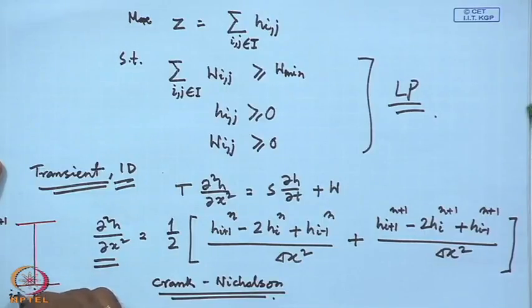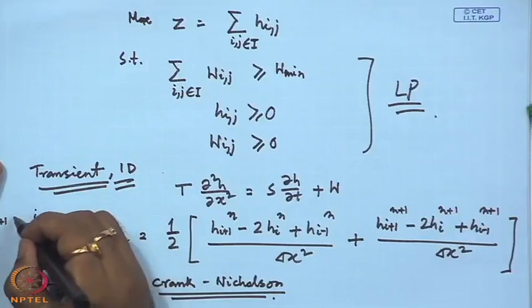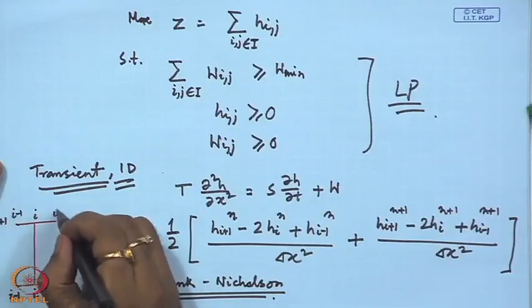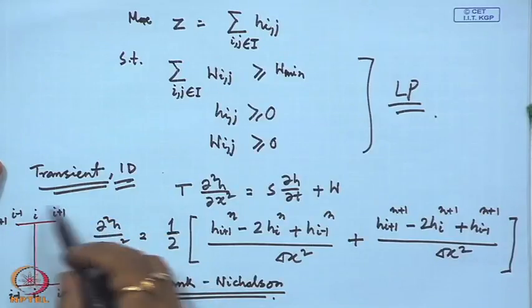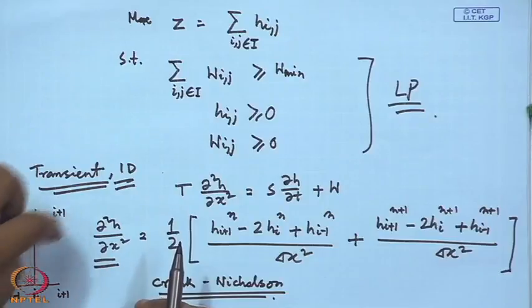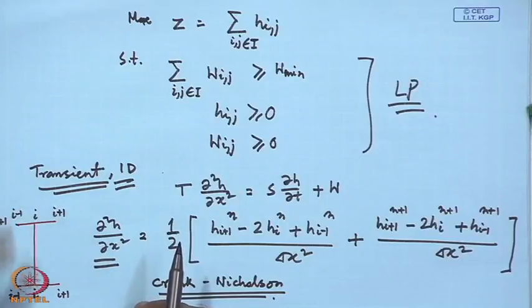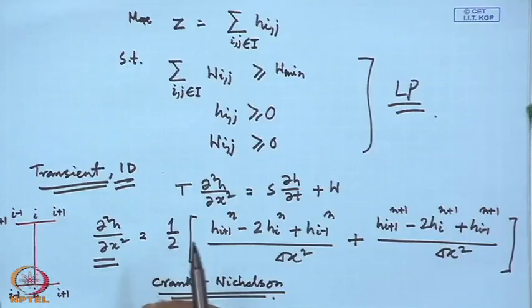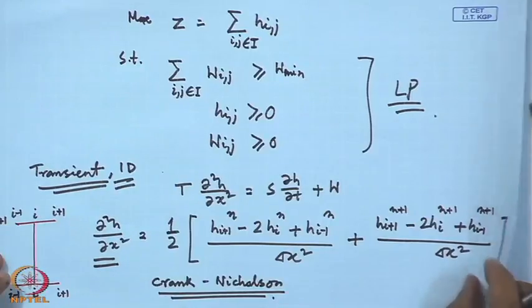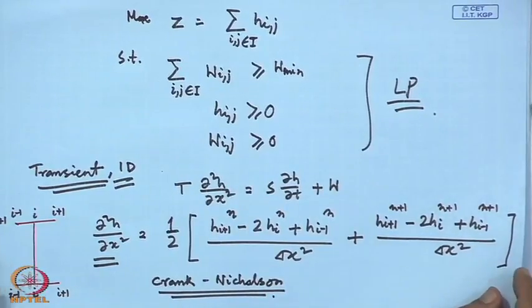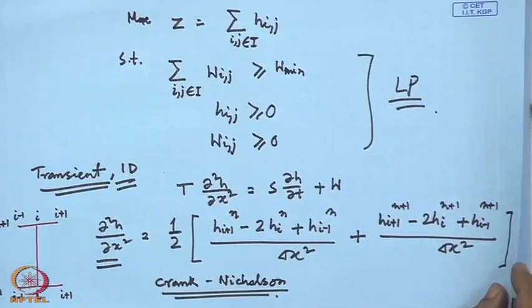This is i minus 1, this is i plus 1, this is again i minus 1, i plus 1. So it involves all these points within our calculation, and that will give an advantage during the solution process.